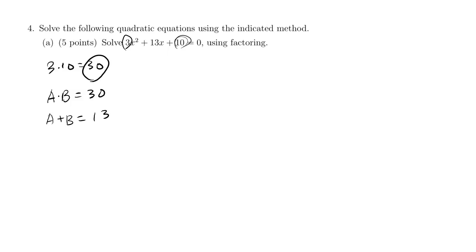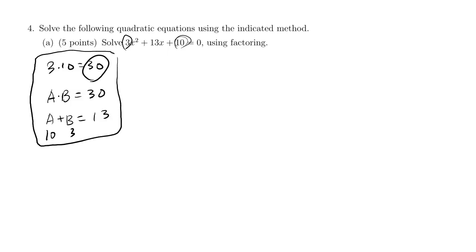Now this is almost immediate. I see that 3 times 10 is 30 and 3 plus 10 is 13. So one should be 10, the other should be 3, or vice versa. It doesn't matter. At the end of the day, you're going to get the same answer either way. Okay, so that's step 1, figuring out these two values a and b.